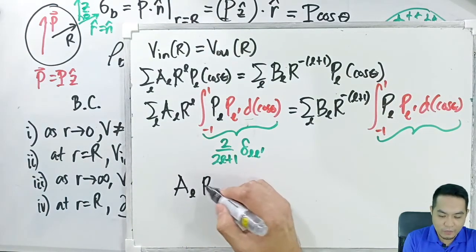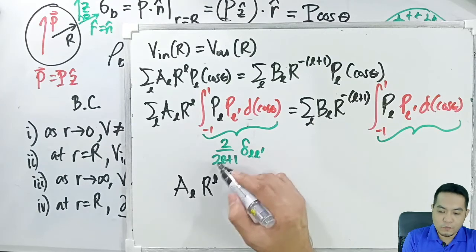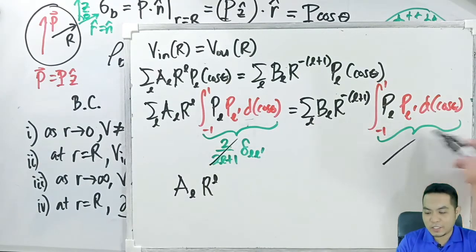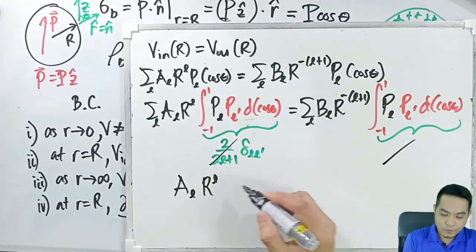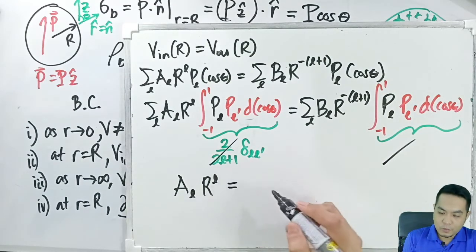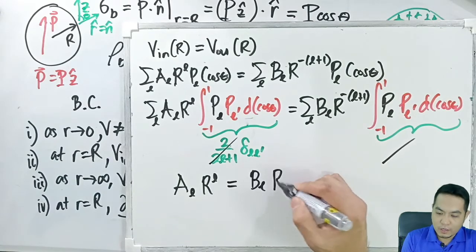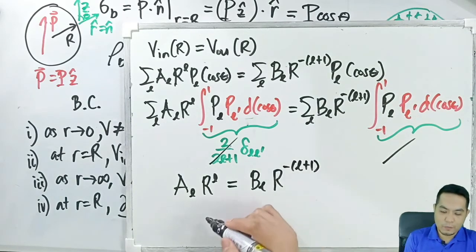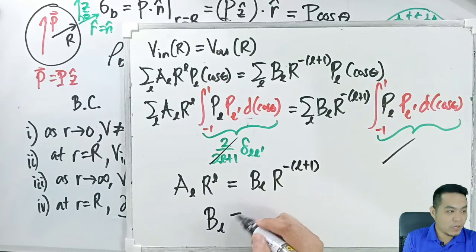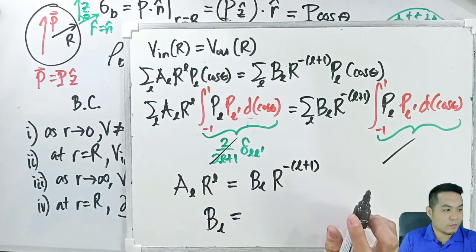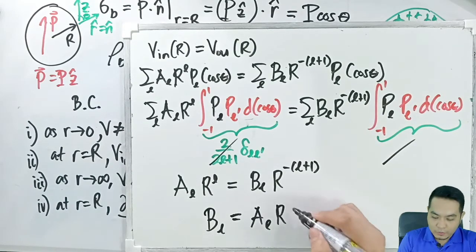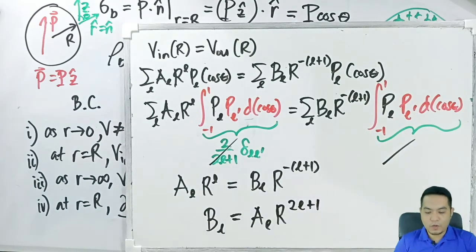So you have AL, R to the L. There's 2 over 2L plus 1 here, and there's 2 over 2L plus 1 there, so they will just cancel each other out. And then you will have BL, R to the negative L plus 1. Okay. So from here, we see that BL can just be written in terms of AL, as AL R to the 2L plus 1.